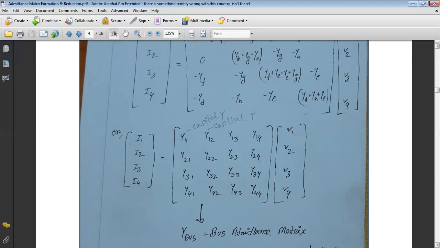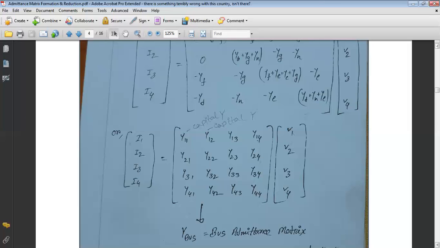Conclusion number 2. A Y bus matrix contains 2 types of admittance. One is self-admittance, another one is mutual admittance. The self-admittance means the summation of all admittances connected to a particular bus.